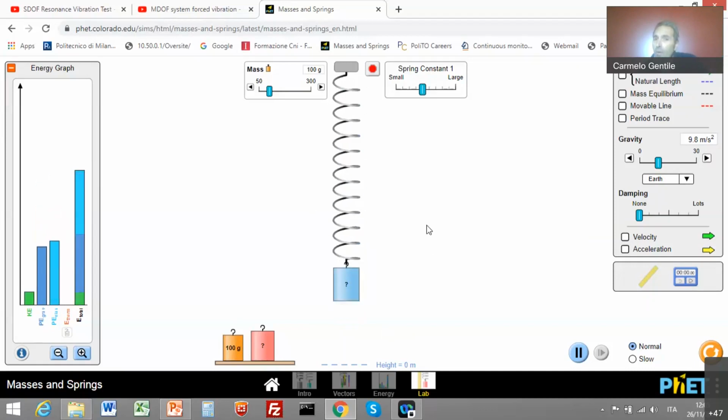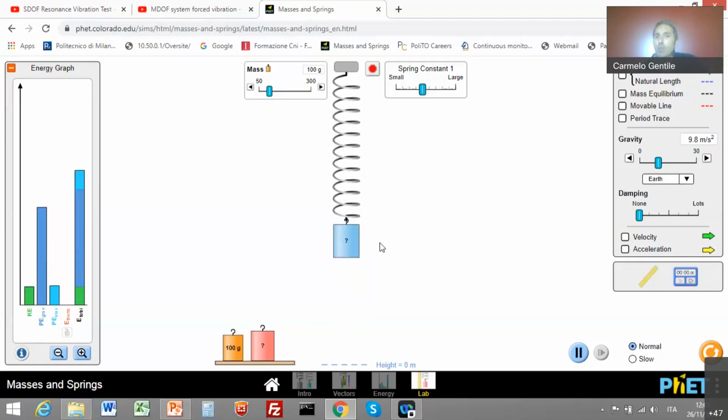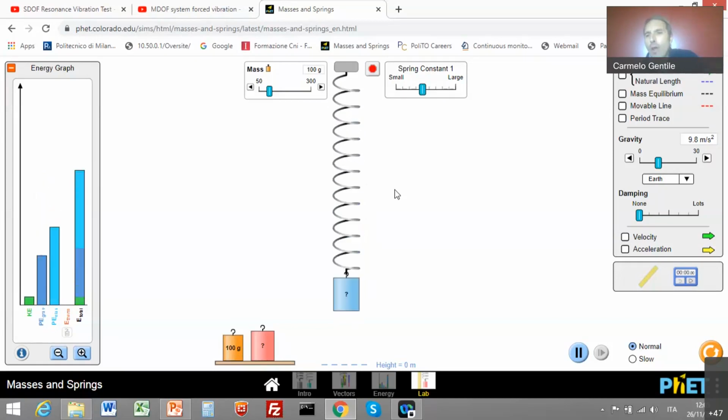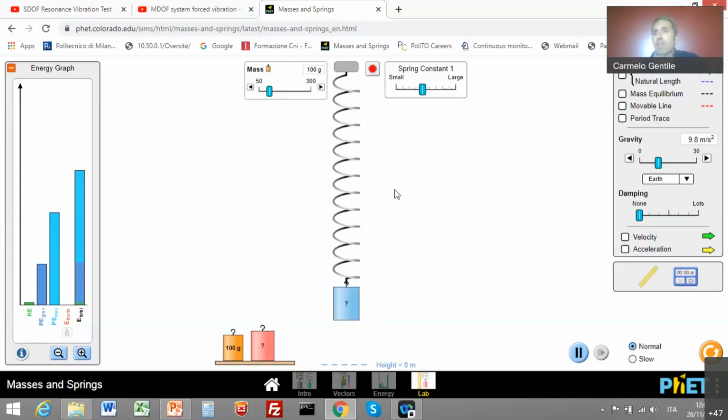So we have also understood the effect of the mass. When we increase the stiffness, we increase the fundamental frequency and decrease, of course, the fundamental period. The increase of the mass has an opposite effect. When we increase the value of the mass, the fundamental period increases and the natural frequency decreases.